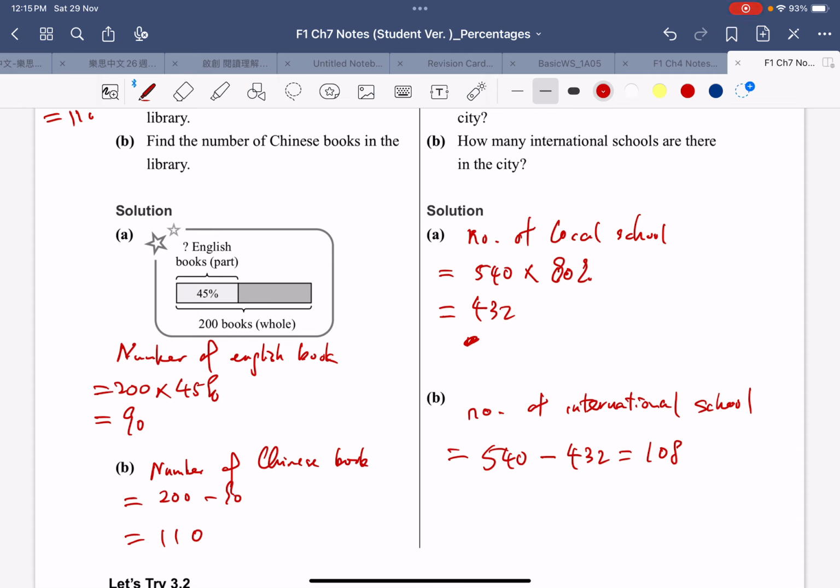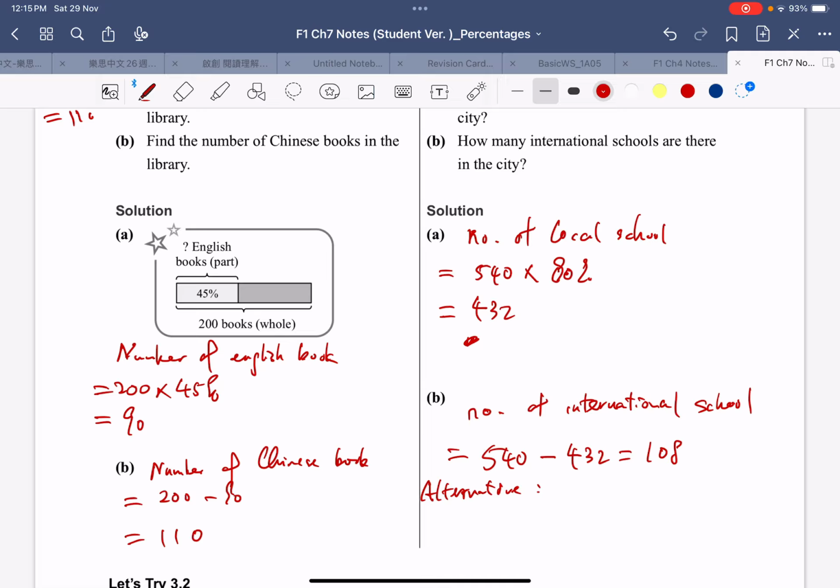Or, of course, this is an alternative. You can calculate the percentage left. Other than 80%, others are international schools. So international schools will be 20% of 540 schools.